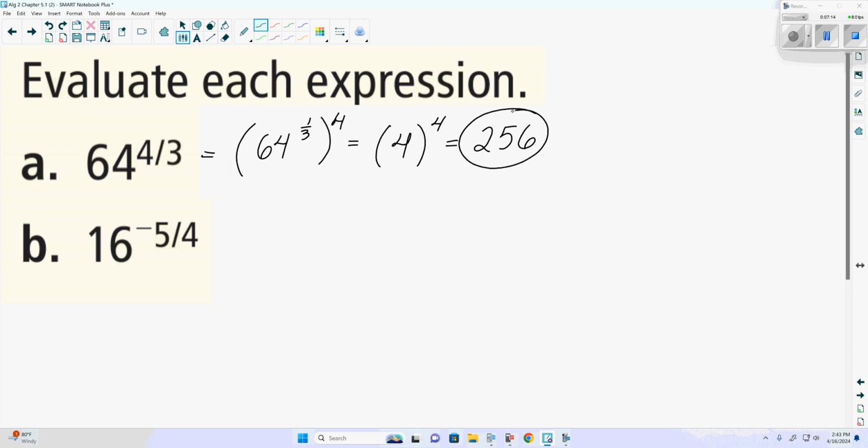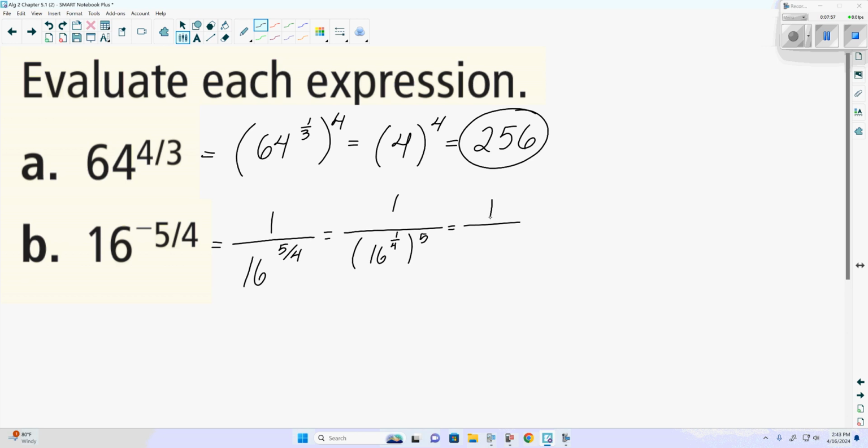And for the most part, you won't have any real issues with 64 to the 4/3, these numbers where we don't have a fraction. However, the next one, 16 to the negative 5/4, well, the first thing we would do is move the 16 from the numerator to the denominator. Some of these you might have issues with because it might be too big on the denominator, or it just doesn't work out nicely. But we can break it apart. We'd have 16 to the 1/4 to the 5th.